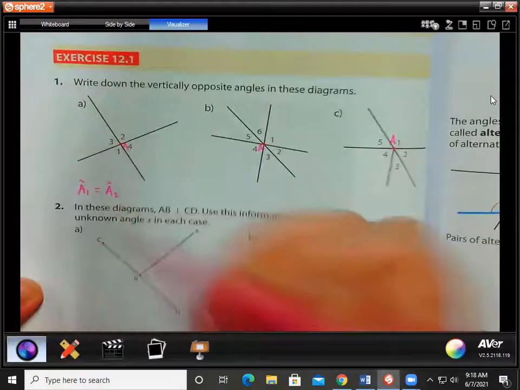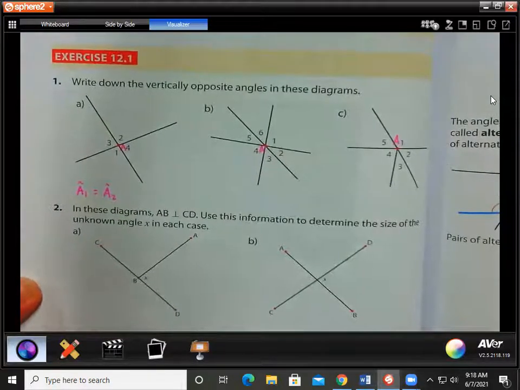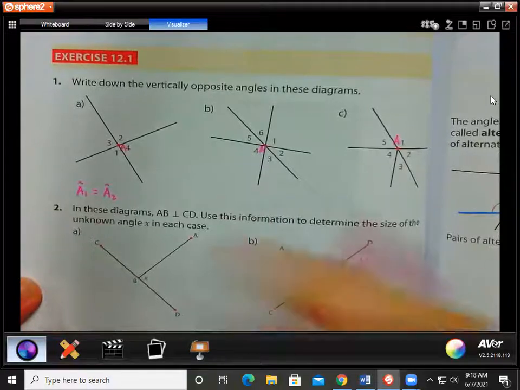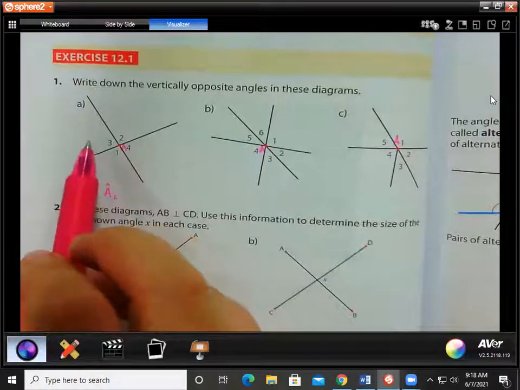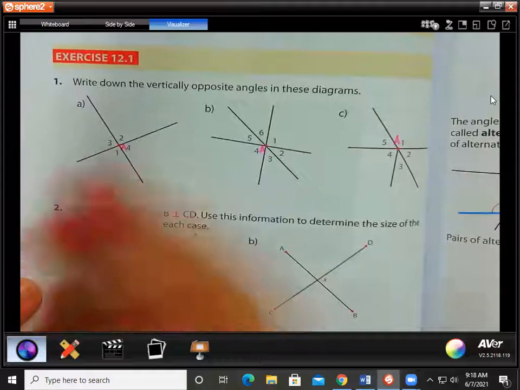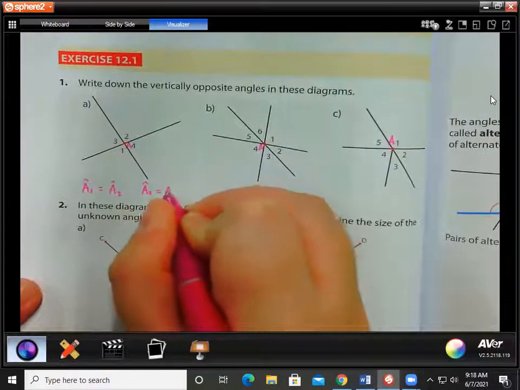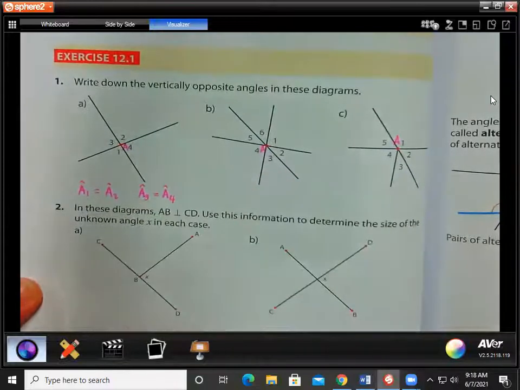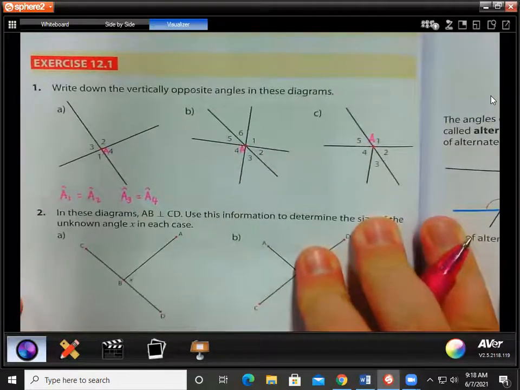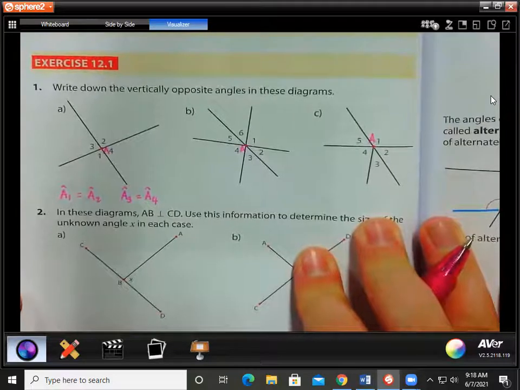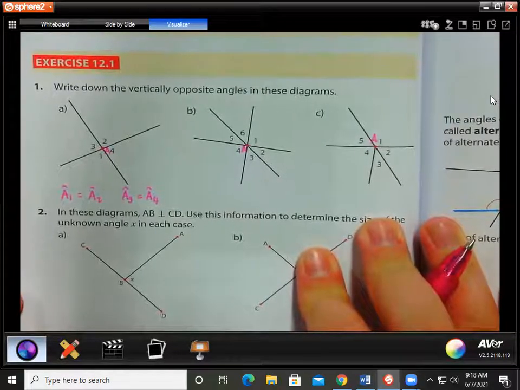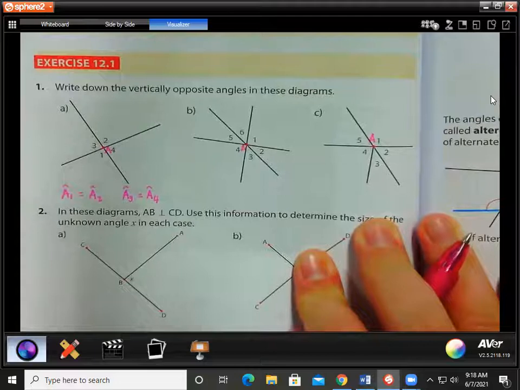Next ones, are there more angles that are vertically opposite in this diagram? A3 and A4. Yeah, that's all you need to do for number one.